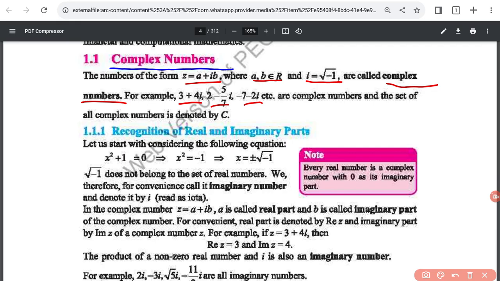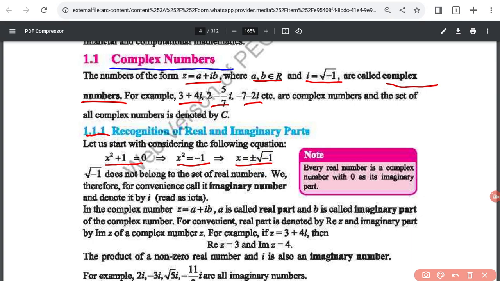So now we have the recognition of real and imaginary parts. Let us start by considering the following equation. For example, we have x square plus 1 is equal to 0. Then x square is equal to minus 1, and then we move the square to the other side, it will become a square root.